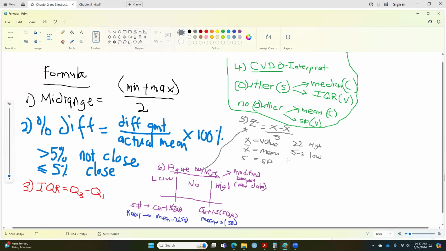And if your z-score is in between -2 and 2, then it is not an outlier. So this is how you figure out outliers if you're using z-scores.